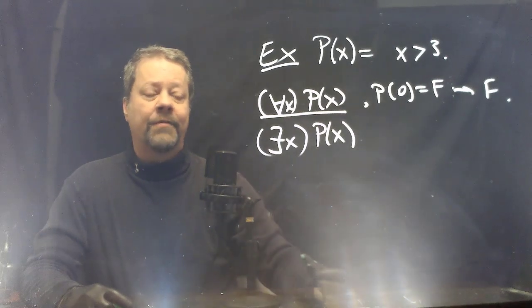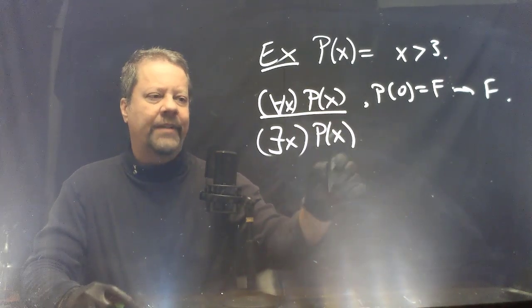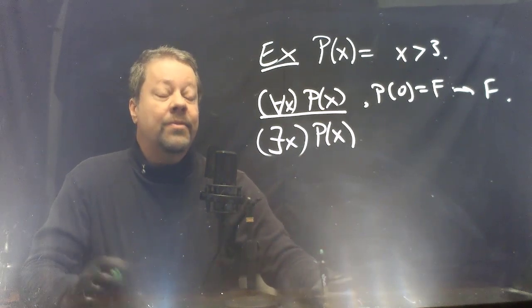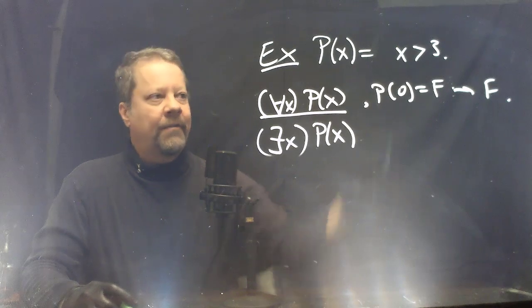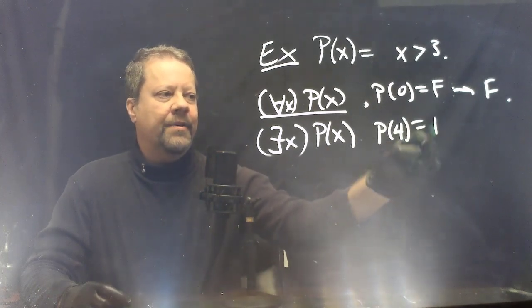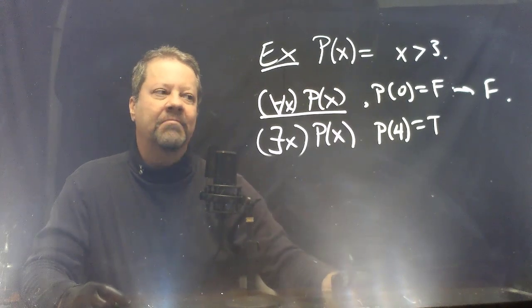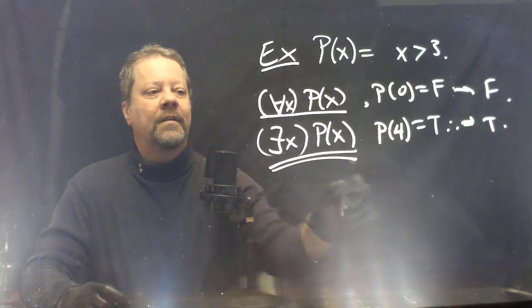However, the existential quantification here is true. All we have to show is that there is a value of x for which the proposition is true. P of 4 is true because 4 is bigger than 3. Therefore, this proposition is true.